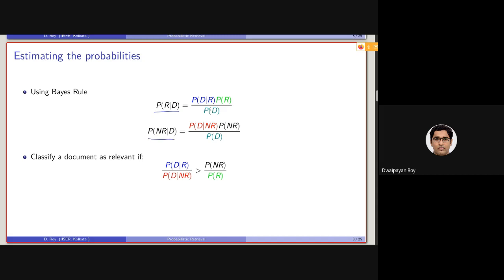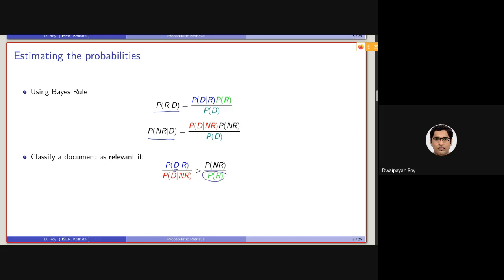In other words, this portion is greater than this portion. The denominator is the same, so it cancels. What we end up with is P(D|R) divided by P(D|NR), which is greater than probability of non-relevance divided by probability of relevance. Now, what is this?